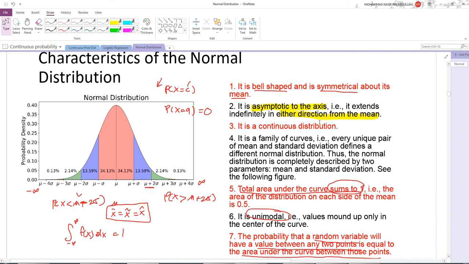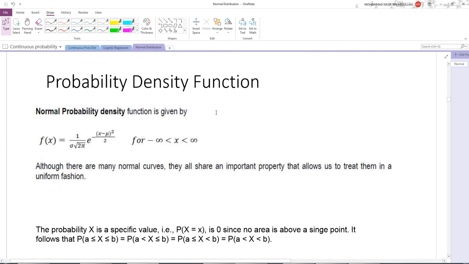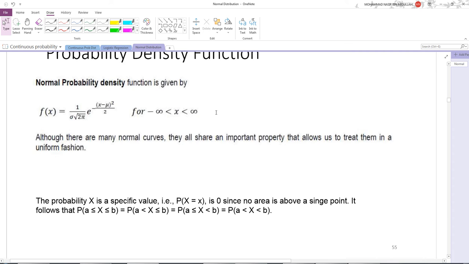And another one, the first characteristic, is symmetrical, kan. Maksudnya area on the right hand side is also equal to area on the left hand side, right? It's symmetrical. Okay. Now let's look at the probability density function for normal distribution.